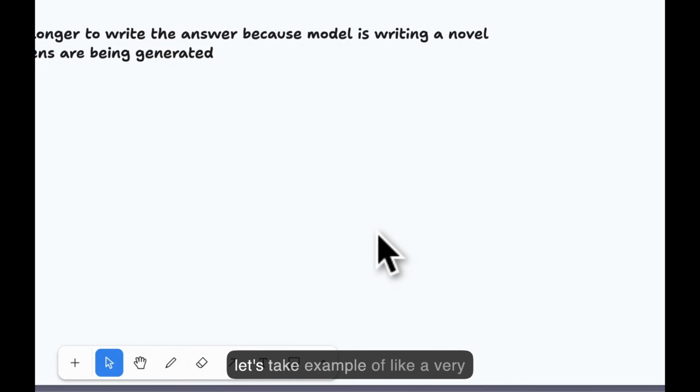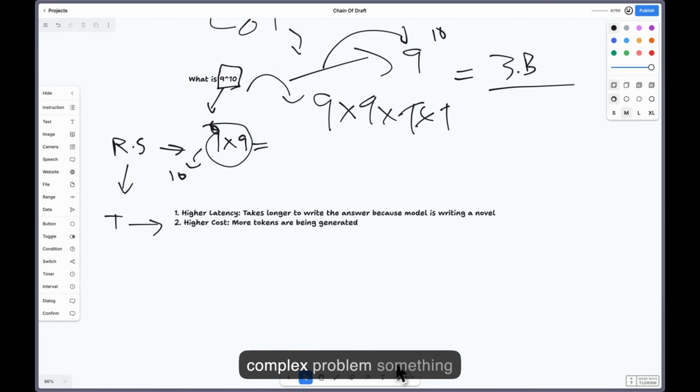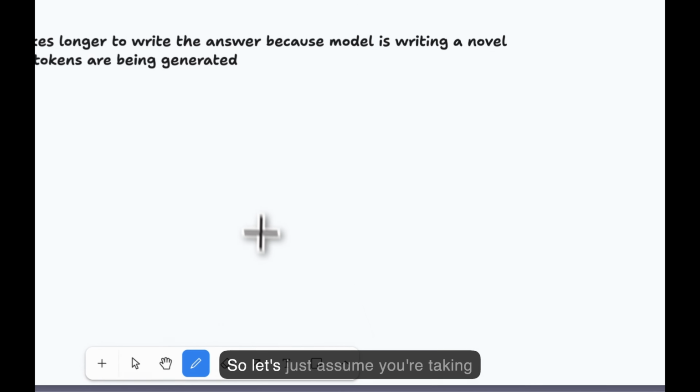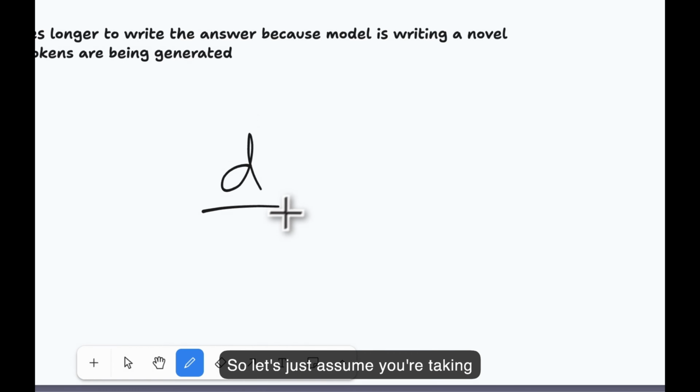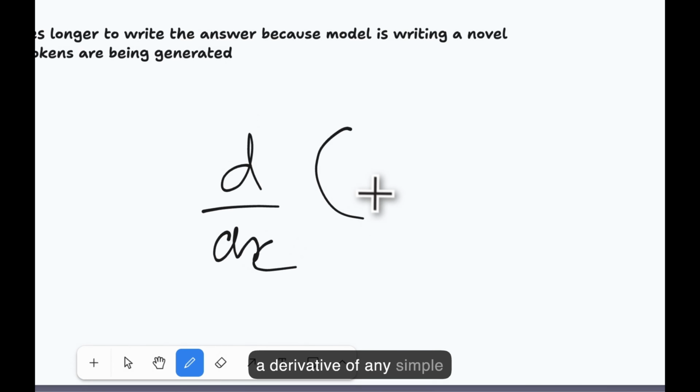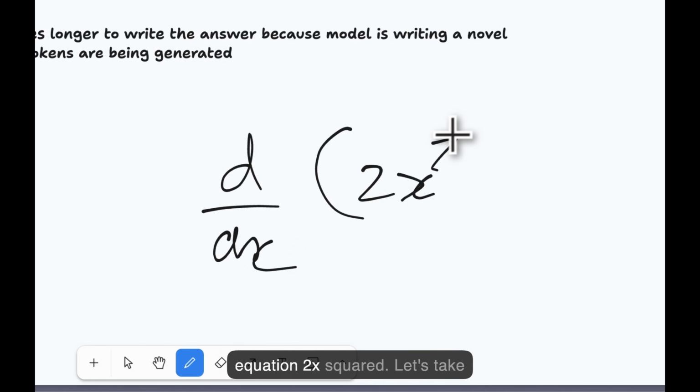Now, let's take an example of a very complex problem, something which will require lots of steps. Us as humans, we're not going to write down every single sentence, right? If I'm thinking aloud, I'm not going to write down everything. Let's just assume you're taking the derivative of a simple equation, 2x squared.